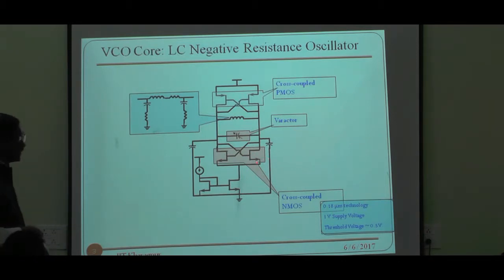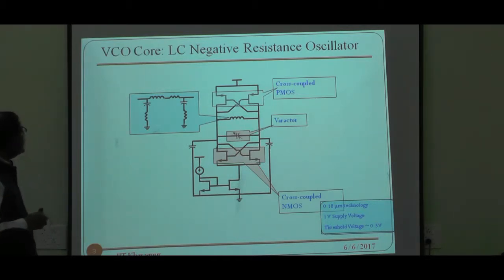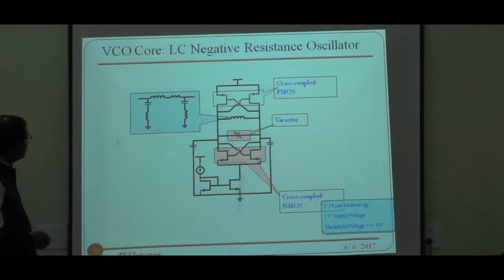Normally when we go for the tutorial, we'll give you the theoretical background of why you require this cross-coupled one, but I am now jumping straight into the design. If you look at this, it is called cross-coupled. Actually it is a differential pair, the PMOS and the NMOS, and they are cross-coupled.